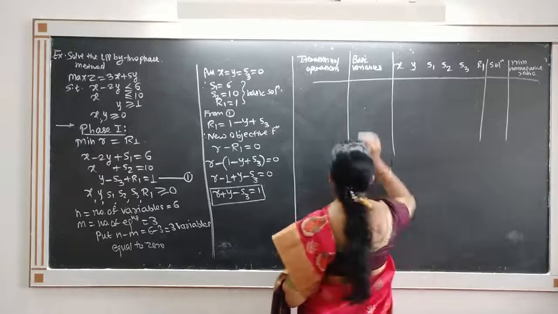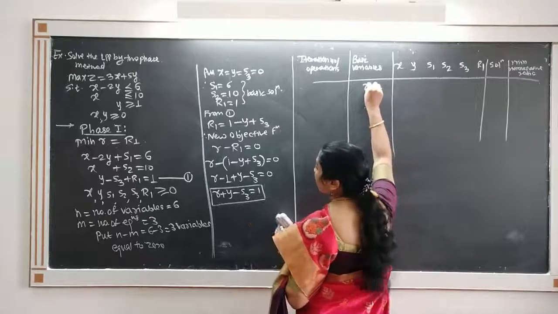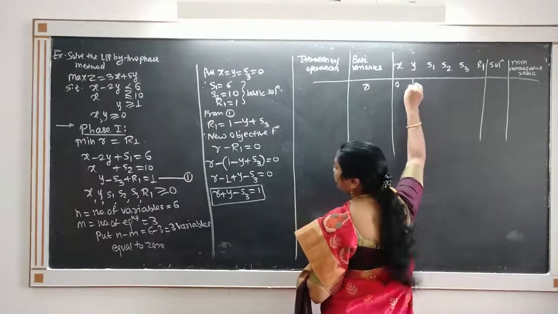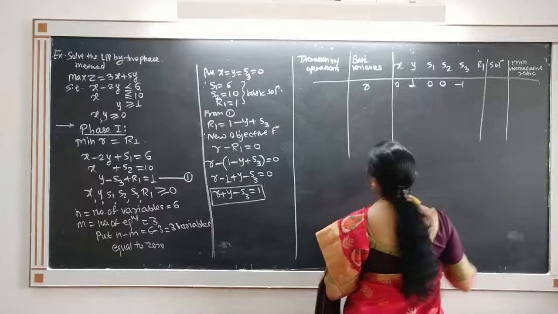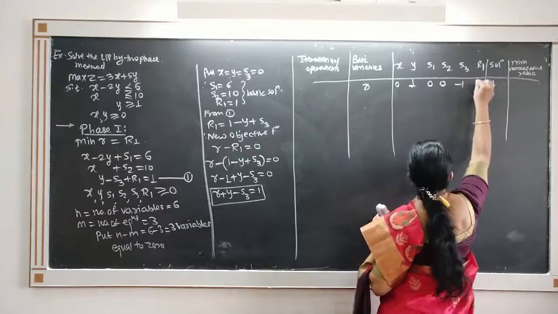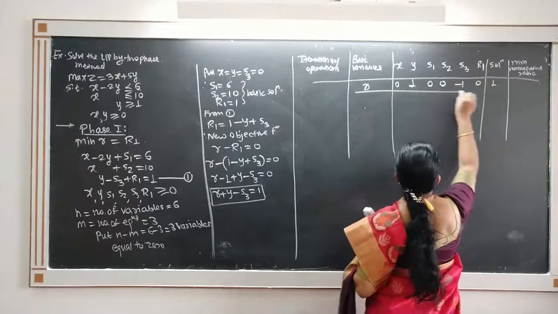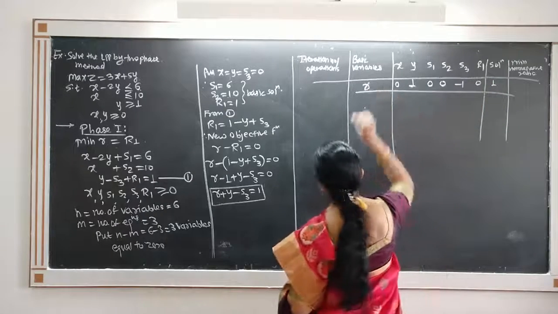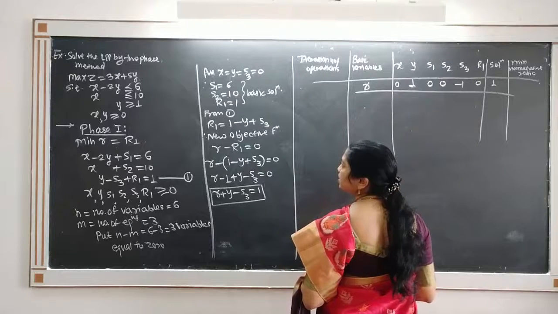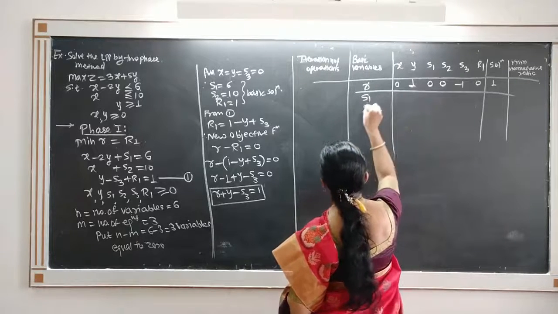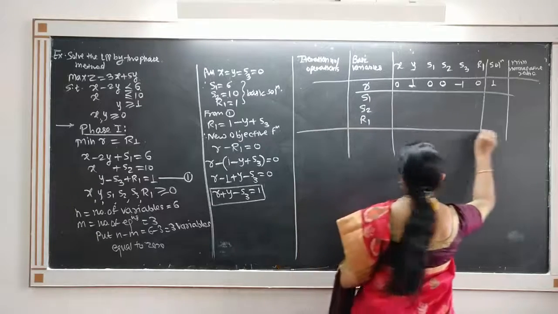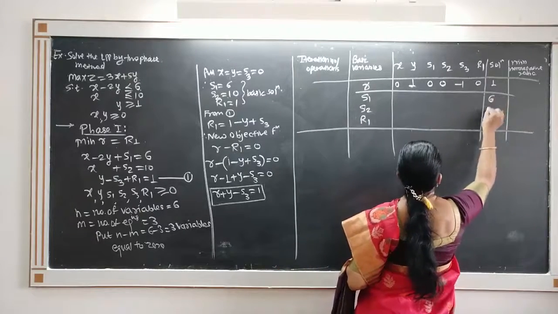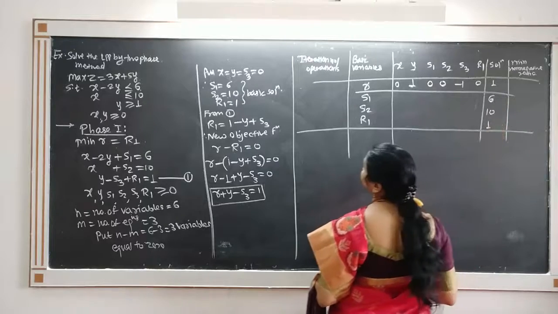See the first basic variable r, with y coefficient 1, s3 coefficient minus 1, equal to 1. The next basic variables are s1, s2 and r1, having values 6, 10 and 1.